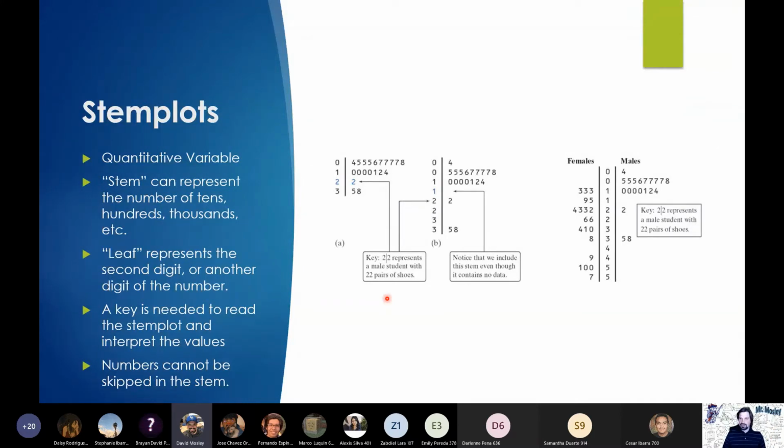Does anyone need another moment to write anything down from this page? Okay. Okie-dokie.